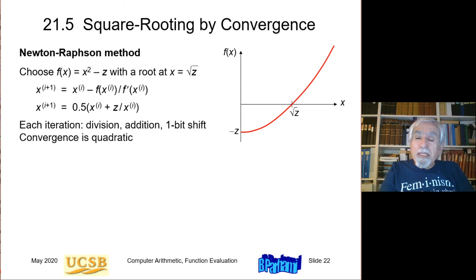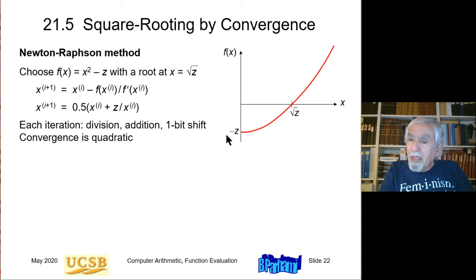Okay, this brings us to, just as we did division by convergence, we can do square rooting by convergence. So square root of z is a solution to this equation, x squared minus z equal to 0. I equate x squared minus z to 0, and the solution of that equation is x equals square root of z.